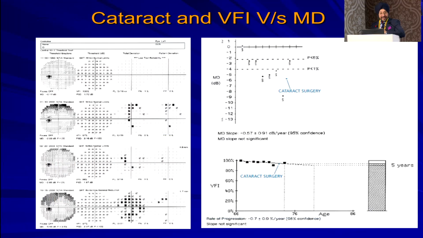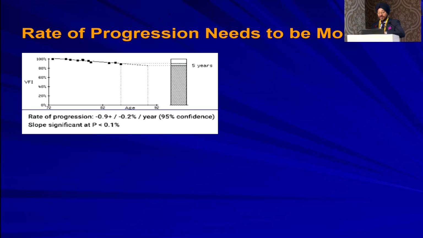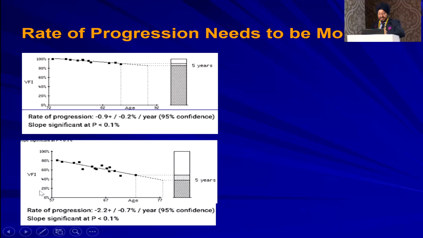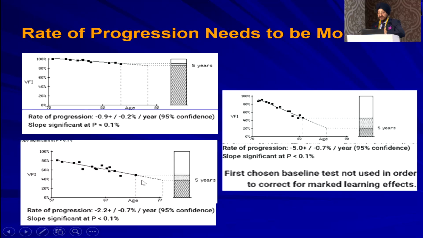And now the rate of progression needs to be monitored. You see this case, 0.9 is the rate of progression, and this patient is doing very well, 0.9% per year. And similarly, this is another patient, the rate of progression is 2.2% per year, and you can see the progression is fast here. And here is another patient, progression is 5% per year.